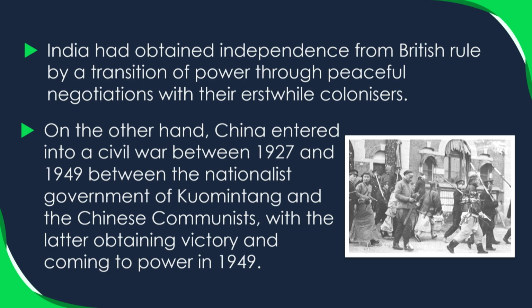India obtained independence from British rule by a transition of power through peaceful negotiations with their erstwhile colonizers. On the other hand, China entered into a civil war between 1927 and 1949 between the nationalist government of Kuomintang and the Chinese Communists, with the latter obtaining victory and coming to power in 1949.